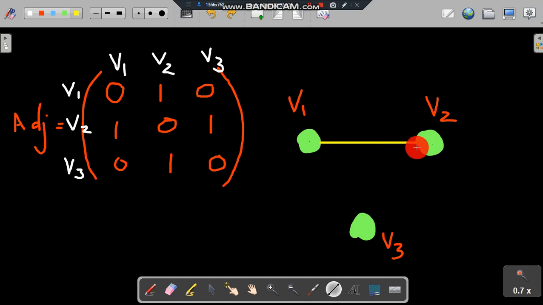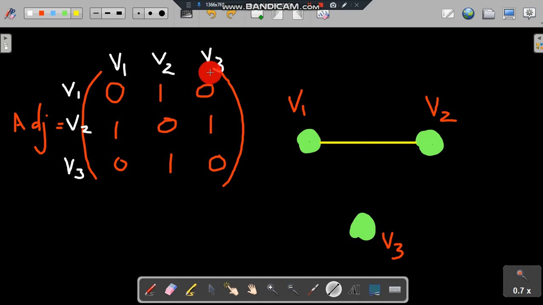It is already drawn, it is already done. That is what we have to understand. Now V2 and V1 are adjacent to one another, so that's what we have drawn here. V2 and V2, no, they are not adjacent.